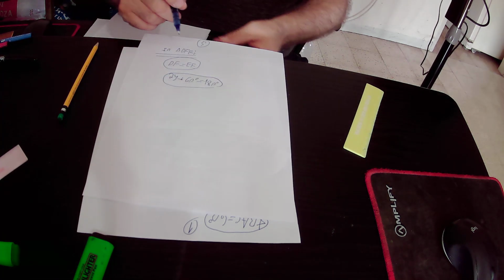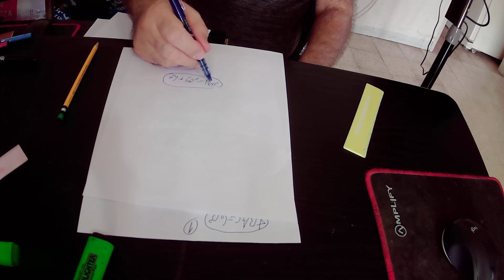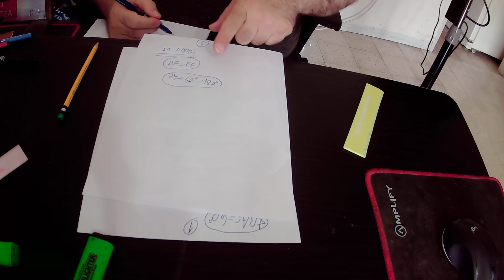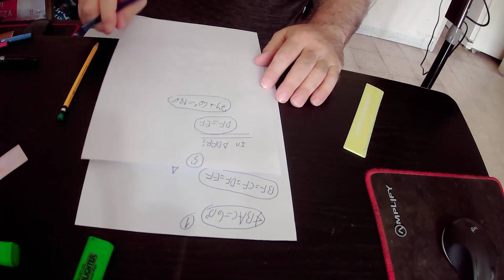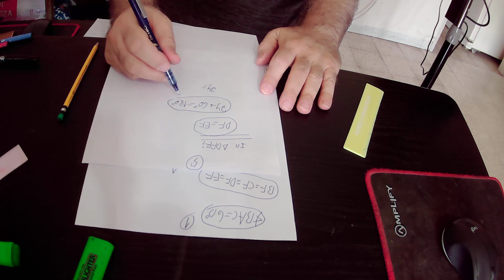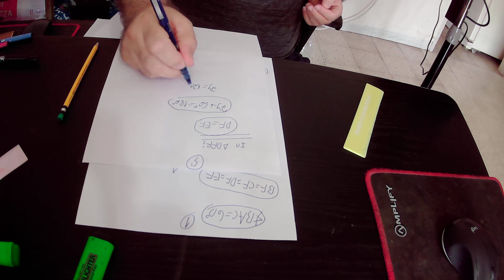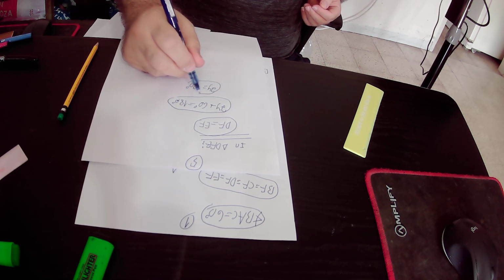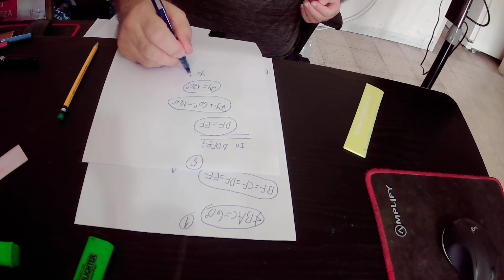Here we will subtract 60 degrees from this equality, and we will get that 2Y equals 180 degrees minus 60 degrees, which is 120 degrees. Here we will divide this equality by 2, and we will get that angle Y equals 60 degrees.